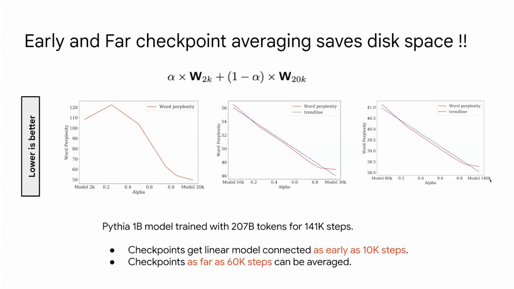So where did you draw the conclusion that as far as 60K? Oh, because it's linear mode connected. Far apart means you can go as far as that, but it depends on specific models. I see. I thought you meant the training steps going into 60K. No, you mean the two checkpoints can be as far away as 60K.